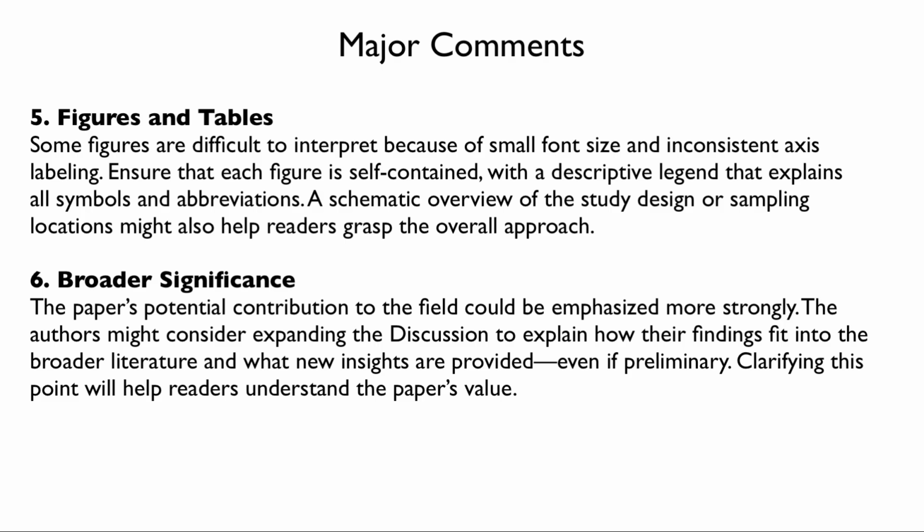In this example, the paper's contribution to the field needs to be emphasized more strongly. The discussion should be expanded to better show how the findings fit into the larger picture and what new insights are provided. The idea here with major comments is not just to say that some aspect of the paper is weak, but to be specific about that weakness and even suggest how to strengthen it.